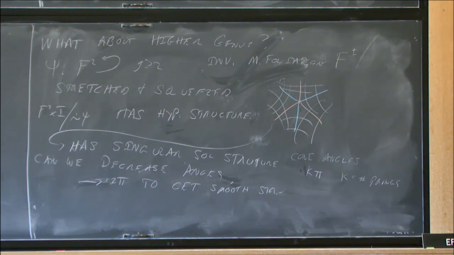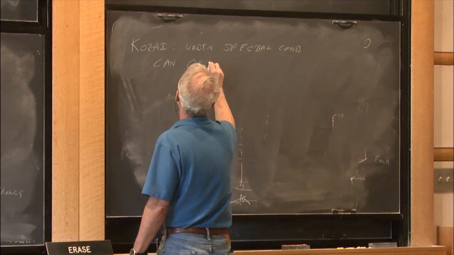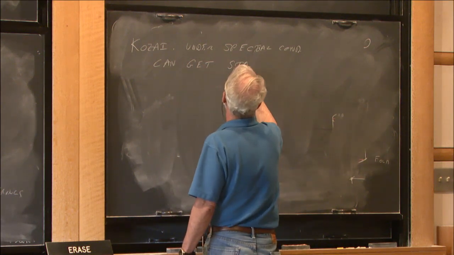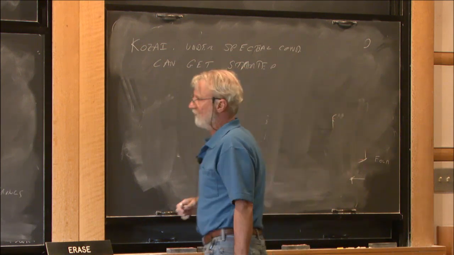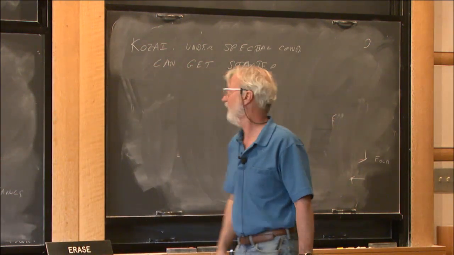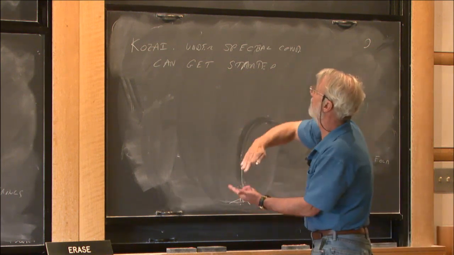There was really no progress on this at all, but let me just mention that we still don't know this even in special cases, but Kenji Kozai proved that under certain special conditions, you at least can get started, meaning that you can find cone structures with cone angles strictly less than the ones that we have here, and that actually degenerate under here.